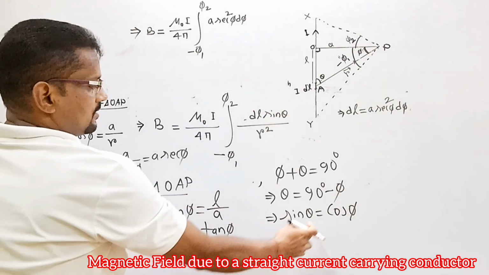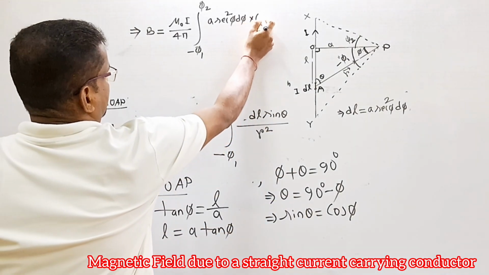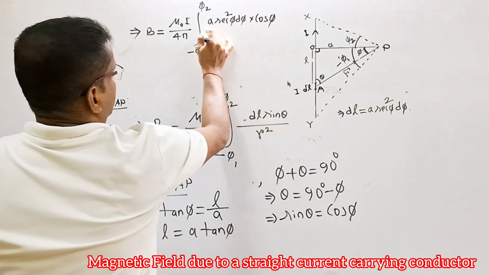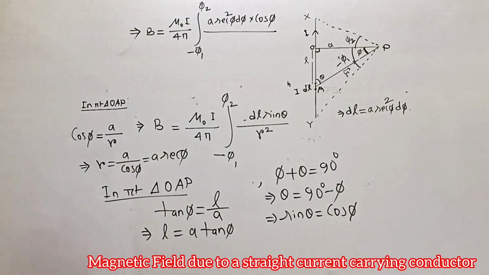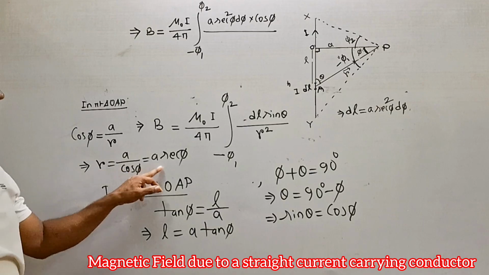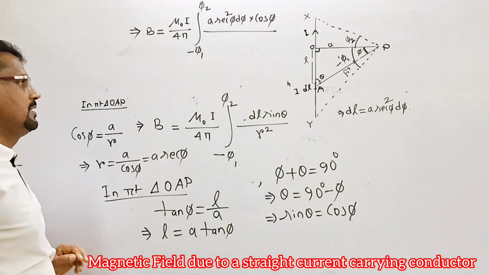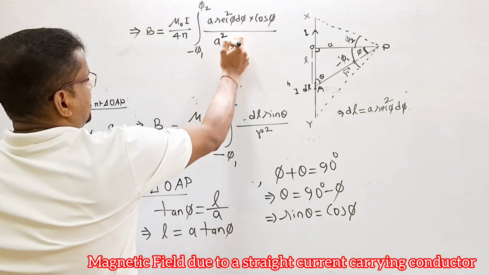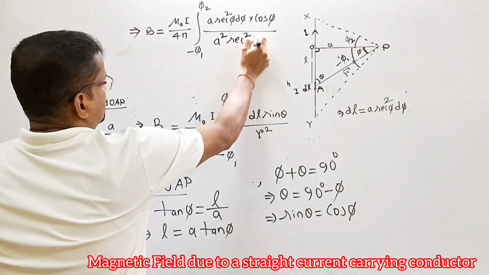Next sin theta is cos phi, into cos phi, divided by r squared, which is a square sec square phi.